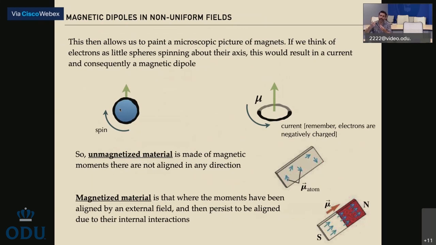And current is nothing more than charge that is traveling over time. So effectively, this picture is consistent with a little loop that has charge flowing through it, and as a result, it looks like a tiny little magnet.